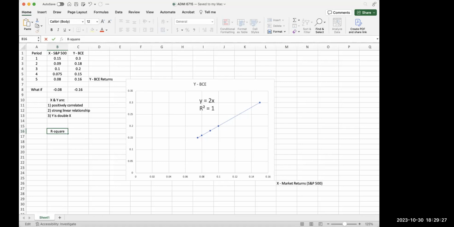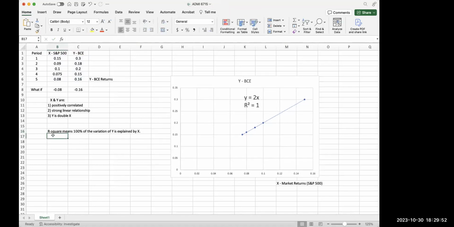What does R squared mean here? X explains 100% of the variation of Y. 100% of the variation of Y is explained by X. That is called the coefficient of determination.